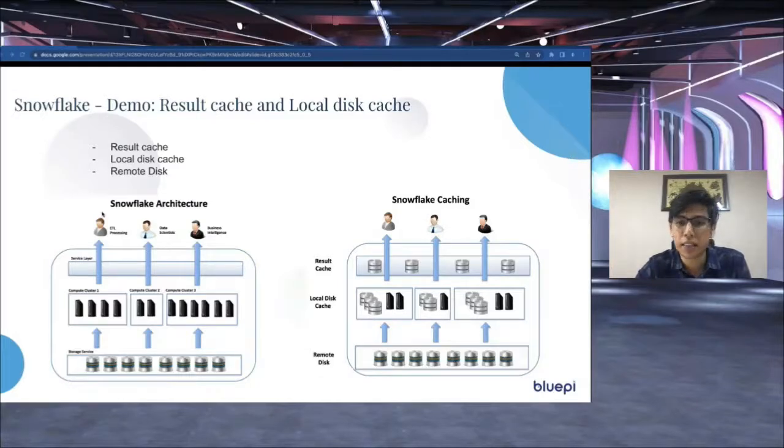Remember, there are three layers, and in this diagram, on the left there is the services layer, then the compute layer, then the storage layer. And to the right, you can see the result cache is being catered to by the first layer.